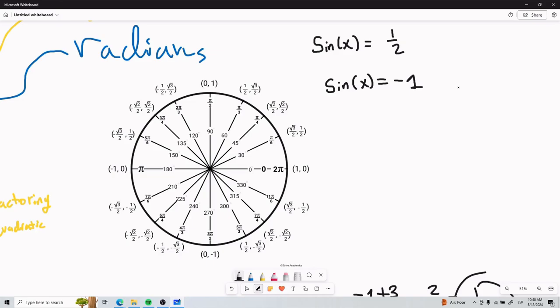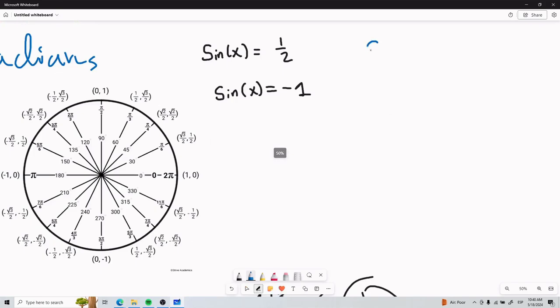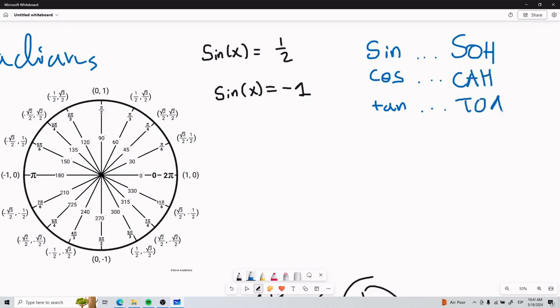Guys, sine, cosine, tangent all have something associated to it. Sine, cosine and tangent is oftentimes called the famous SOH CAH TOA. What the heck does SOH CAH TOA mean?